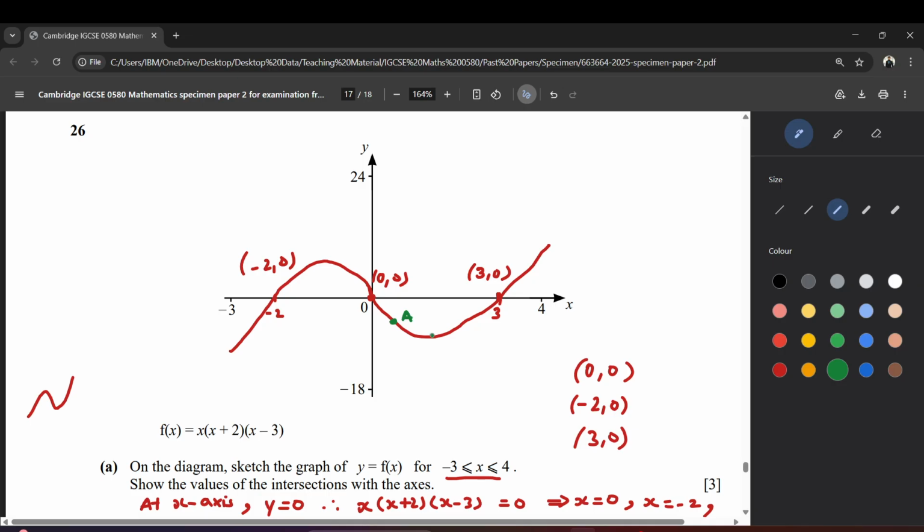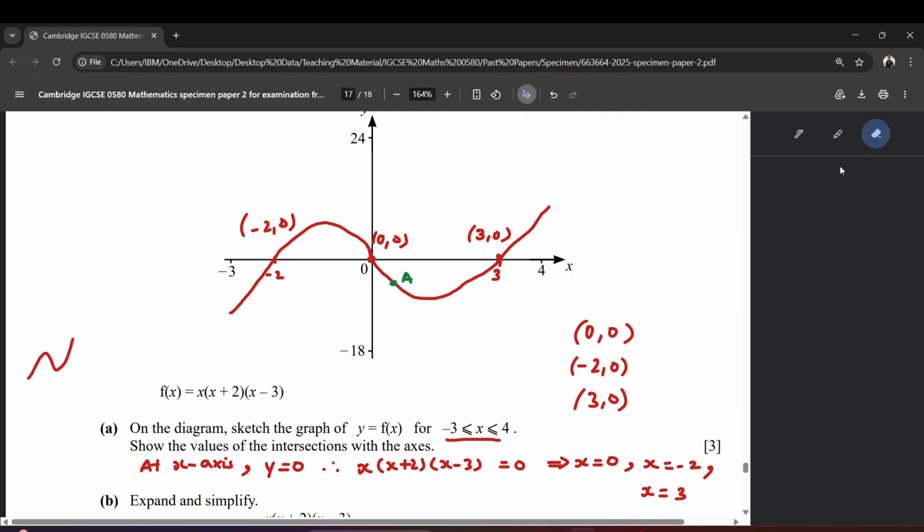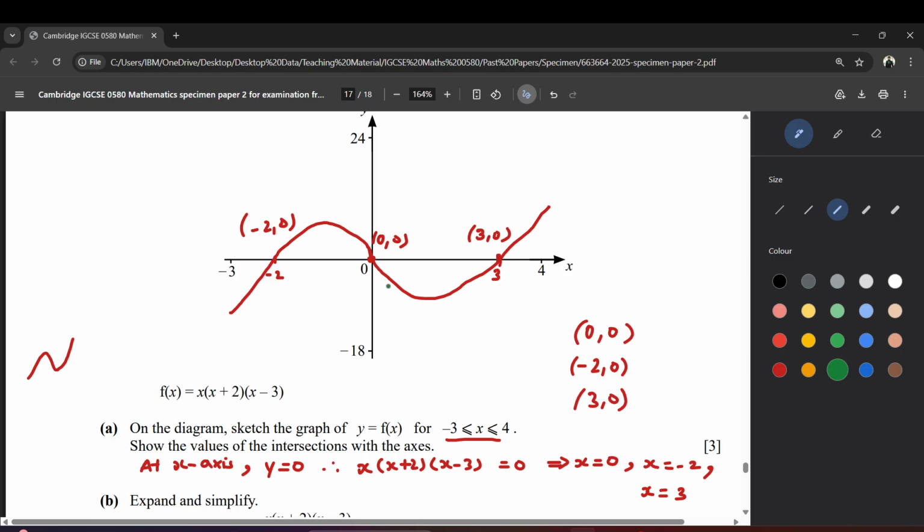Okay, so now it says the tangent at point A. So the tangent should be, let me just mark it a little bit down, because obviously this is a sketch. Maybe let's say over here. A is somewhere up here.